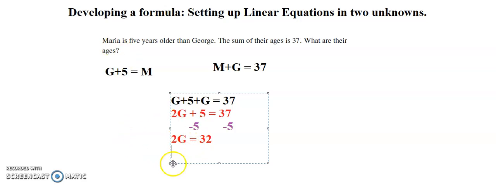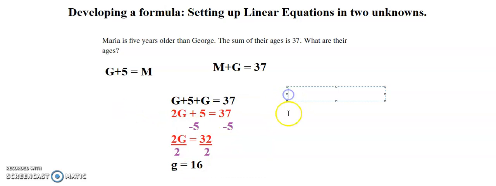Now I would like to divide both sides by 2 because I want to get rid of the 2 that is with the G. That leaves me with G. So George's age is equal to 32 divided by 2, which is 16.